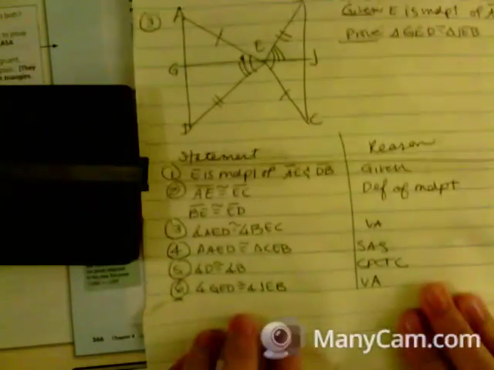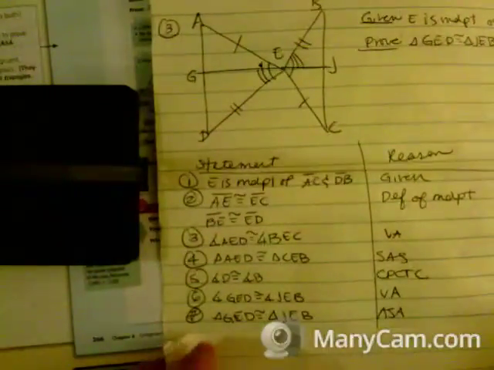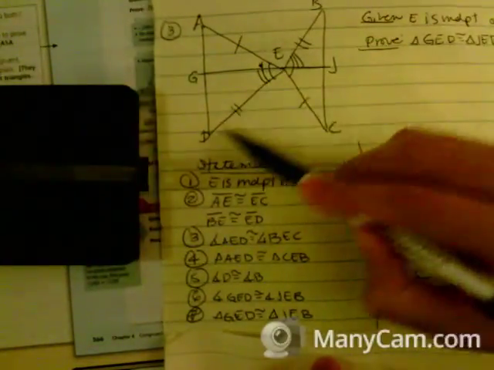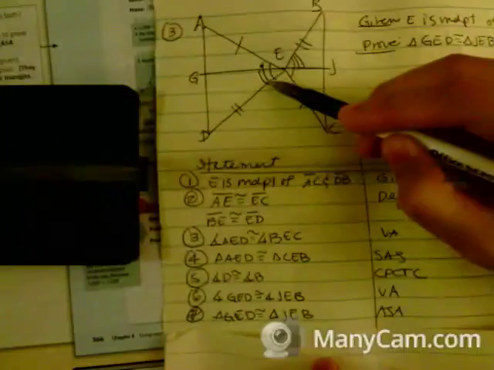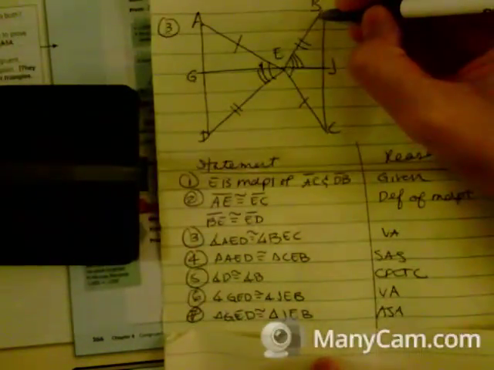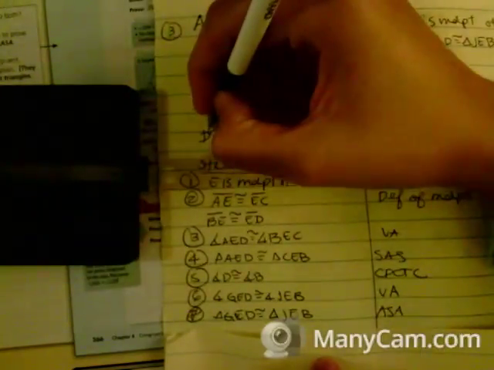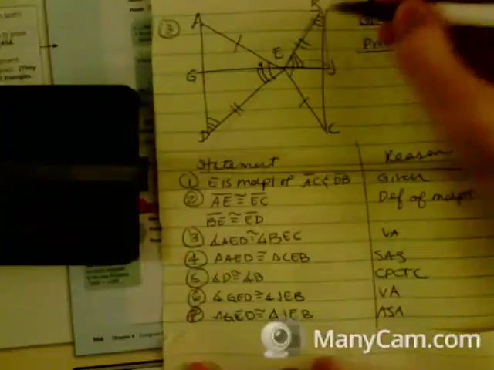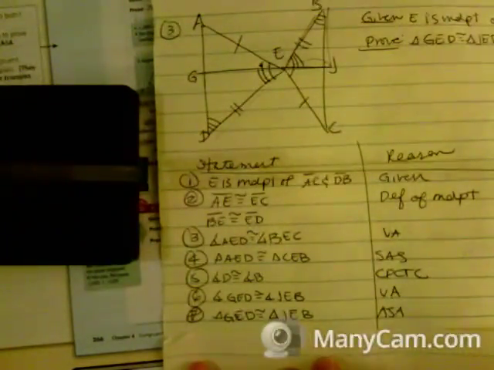So we're going back to what we learned before. Now you can say that because we have this side congruent to this side, this angle congruent to this angle, and this angle congruent to this angle up here, we can now say that this triangle is congruent to this triangle because of ASA.